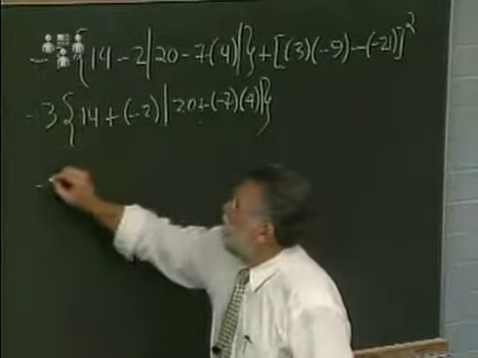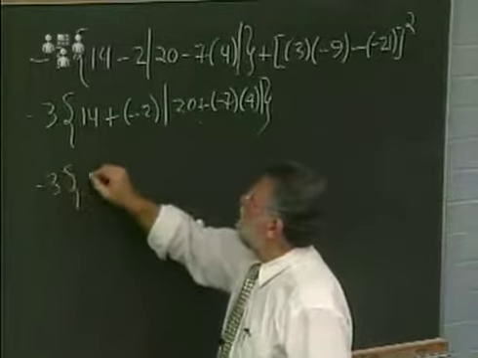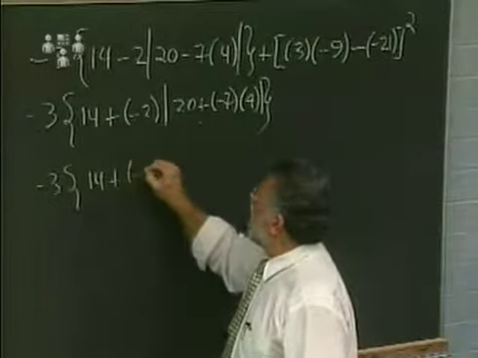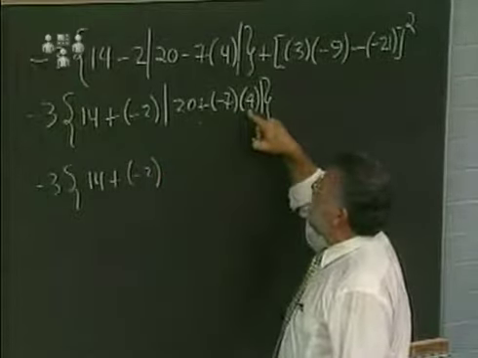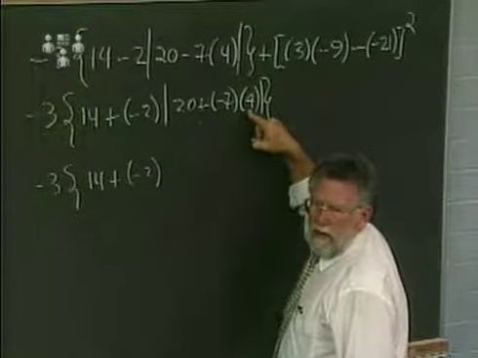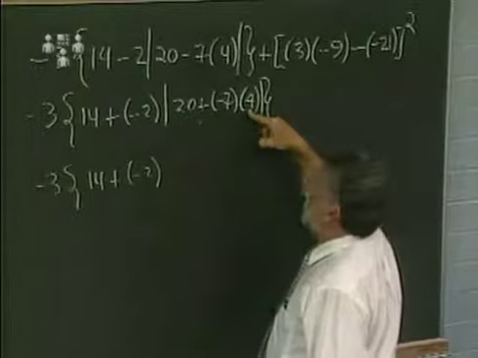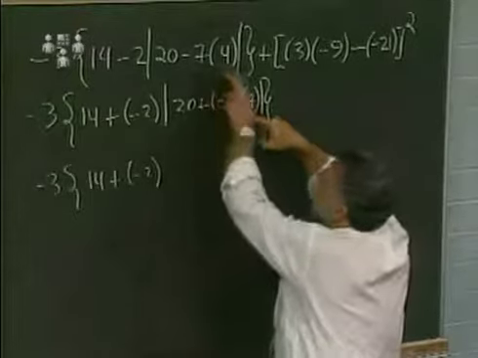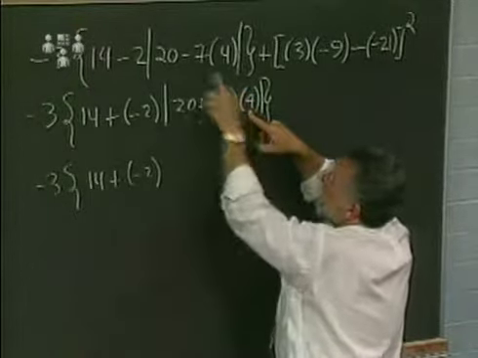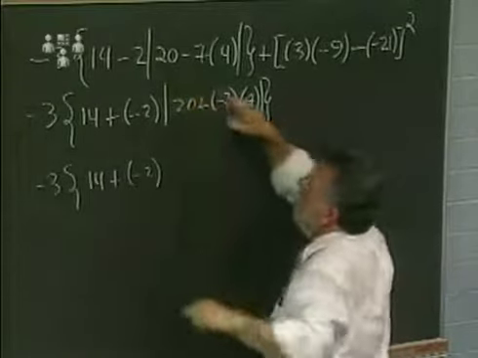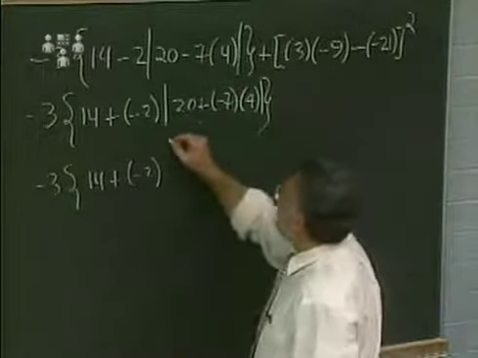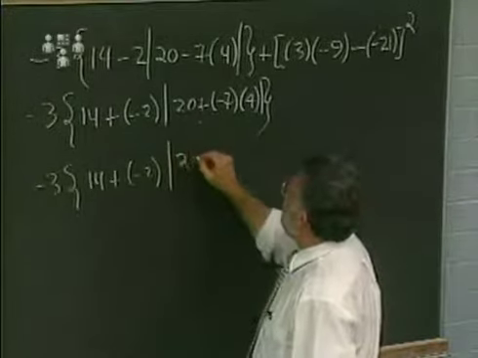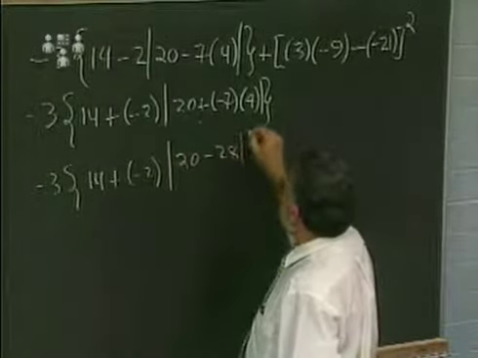So let's stay away from a distributive property for the moment. So 14 plus a negative 2, and this is going to be 20 plus negative 28, correct? This is a negative 28 added to the 20. I don't do the subtraction first. So this is the absolute value of 20 minus 28.